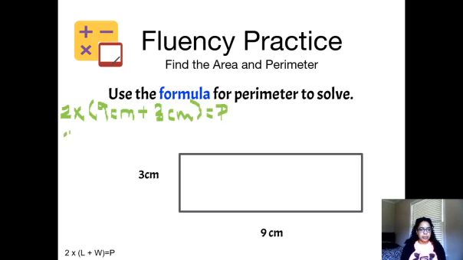We bring down the 2 times, and then add 9 plus 2, which is 11 centimeters. 2 times 11 is 22. So we have 22 centimeters equals our perimeter. All this outer edge out here is our perimeter.